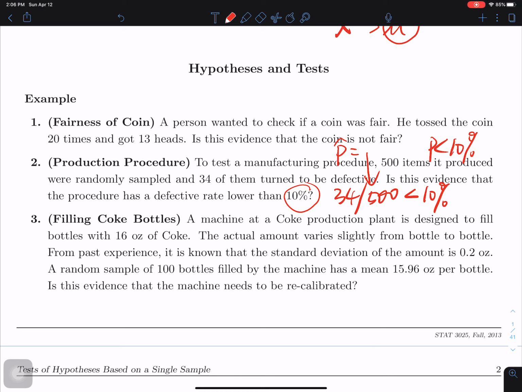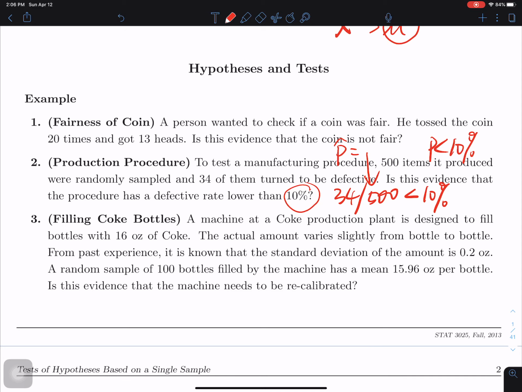From past experience, it is known that the standard deviation of the amount is 0.2 ounces. A random sample of 100 bottles filled by the machine has a mean of 15.96 ounces per bottle. Is there evidence that the machine needs to be recalibrated?